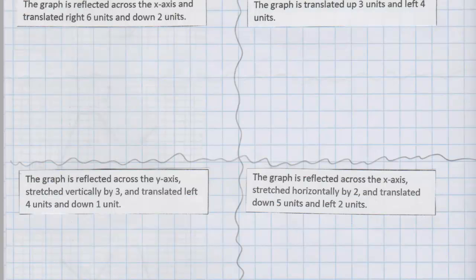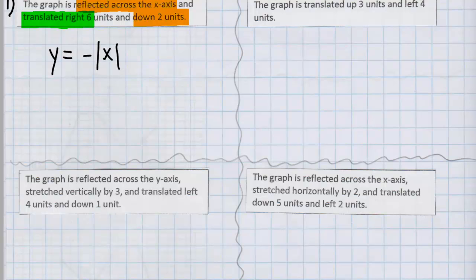Let's look at some verbal representations. The graph is reflected across the x-axis. This is vertical movement. It's translated 6 units to the right, so that is horizontal movement, and it's going down 2 units, so that's vertical. Let's write this equation. We have y equals negative times the absolute value of x to represent reflecting across the x-axis.